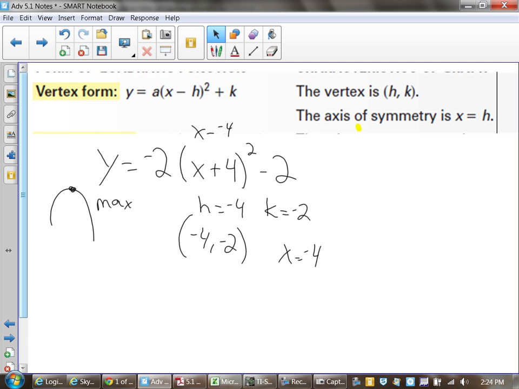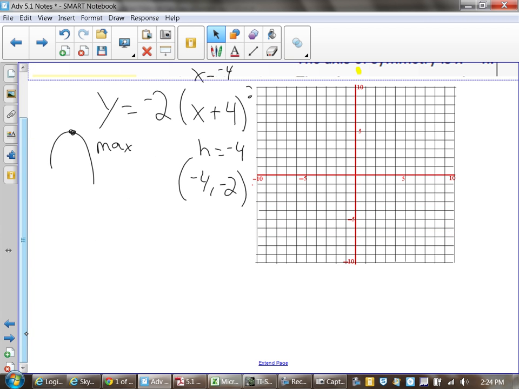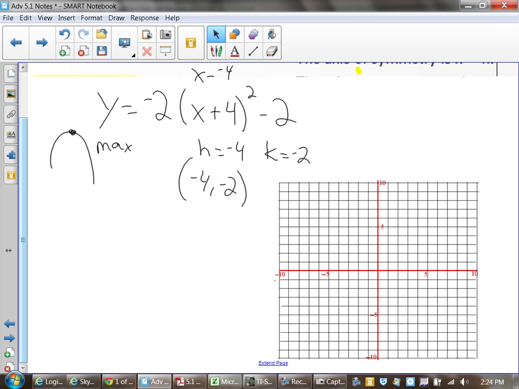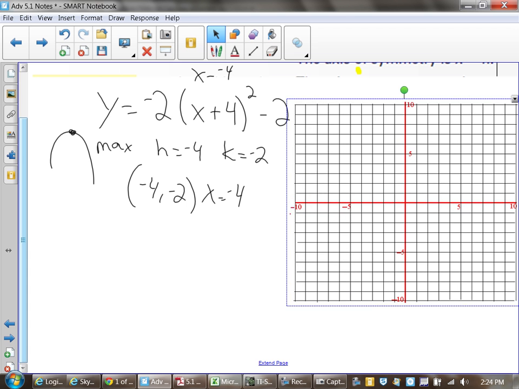So right away, just taking that information from vertex form, it tends to be a lot easier to graph. So let's look at a graph. I have the axis of symmetry at x equals -4.